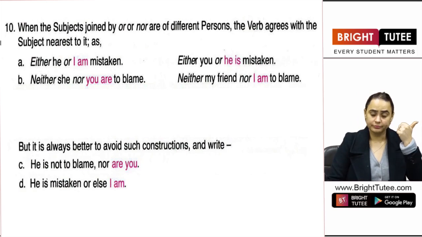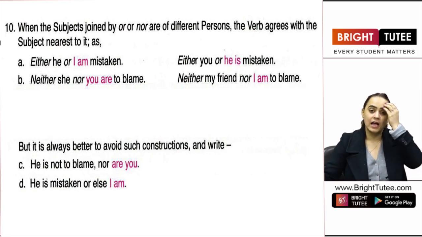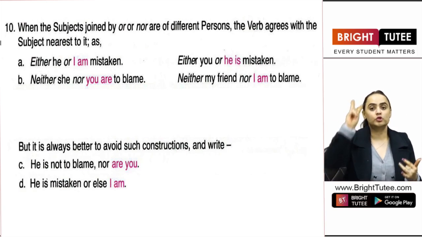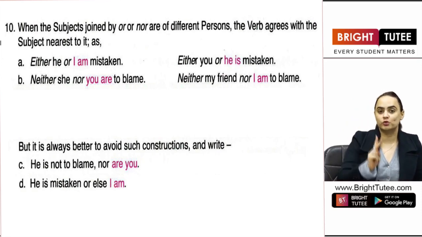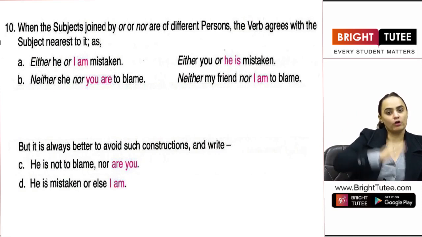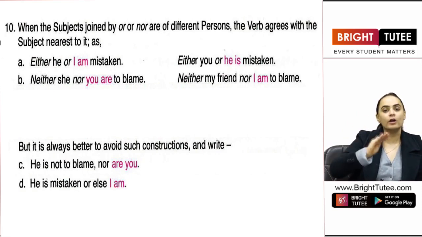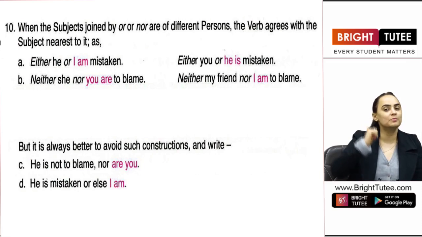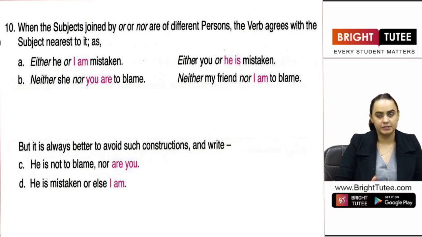Now, the 9th rule says that if two singular nouns are joined with one another using the conjunctions or, nor, either or, neither nor, the verb will be singular, right?